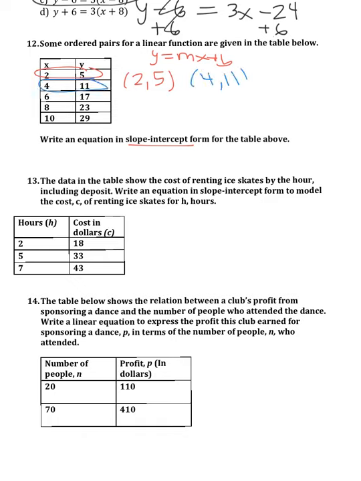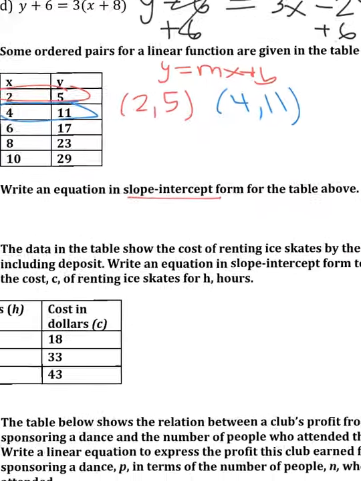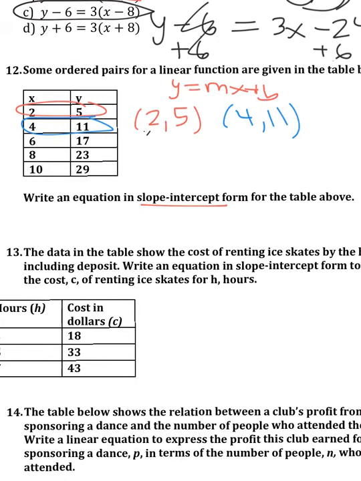That doesn't mean you have to use those, but that is what I'm going to do. Step 1 is to find the slope, x1, y1, x2, y2. Plug them into your slope formula. y2 minus y1 divided by x2 minus x1. So that gives me 11 minus 5 over 4 minus 2.